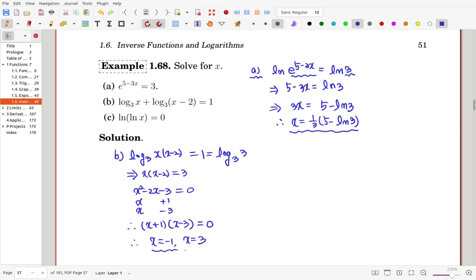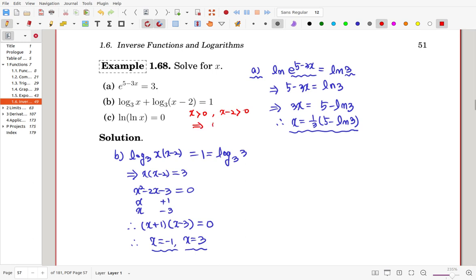We have two solutions. However, now you have to be very careful. You have to check if they are in the domain. From the original equation, let's try to use the red pencil. The domain must be, since logarithm admits only positive values, x must be positive, and from the other term, x minus 2 must be positive.